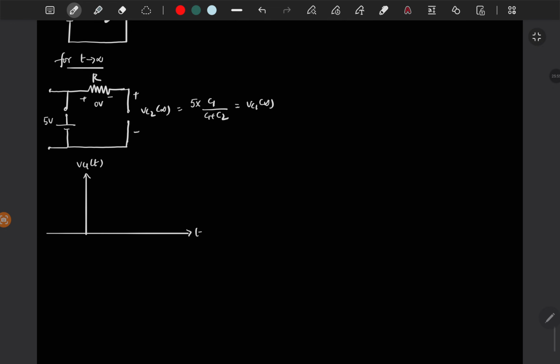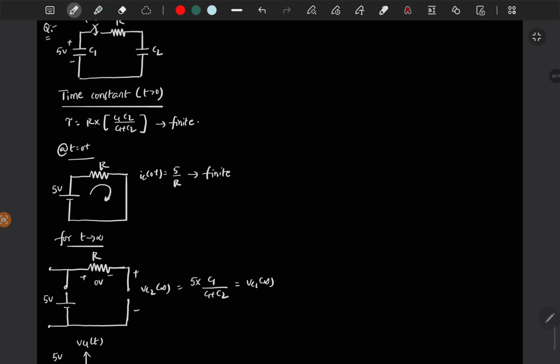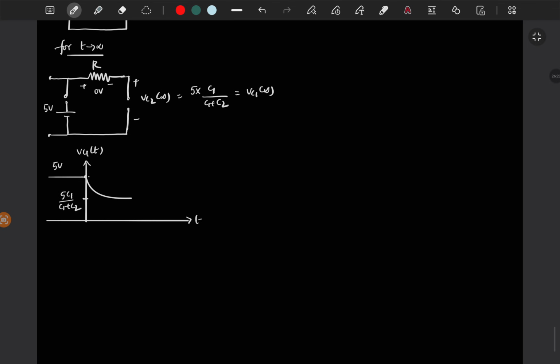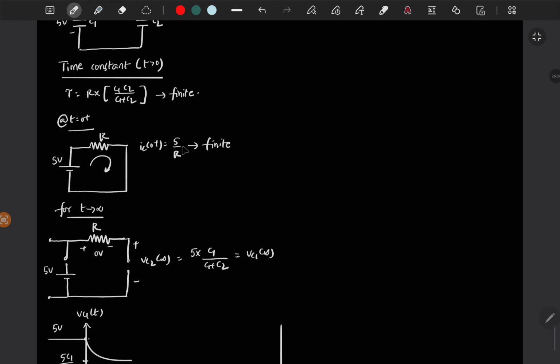So Vc1 initially is 5 volt, and it is going to, so this is discharging now. So at t is equal to 0 plus, you got a finite current of 5 by R, right?